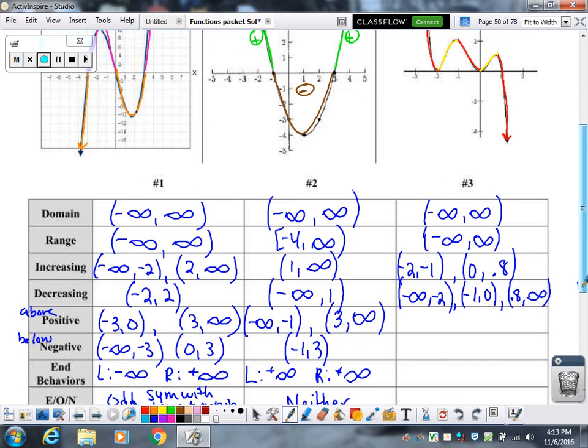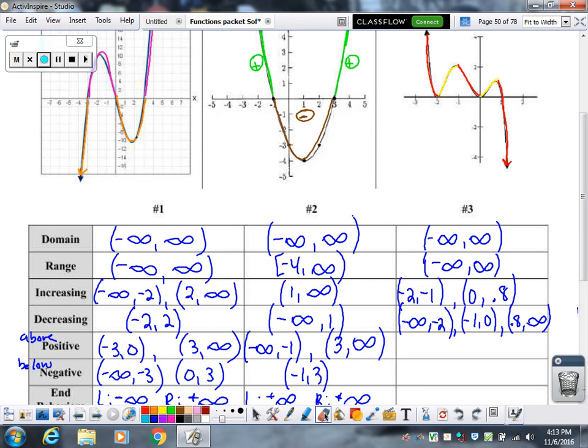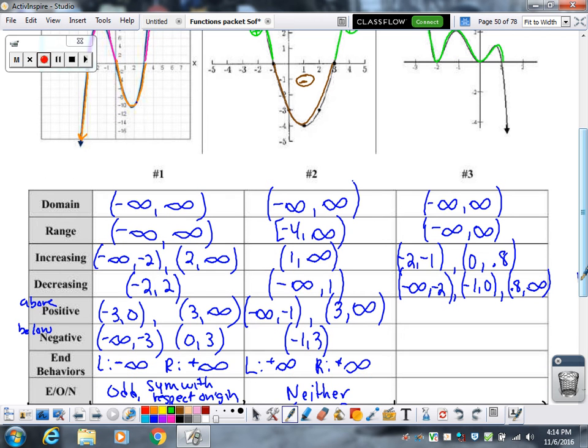Where is it positive and where is it negative? Let me erase these highlights. And positive. Positive means above. So it's above, oh, it's a very large interval where the graph is positive. There are 2 ways to say this.